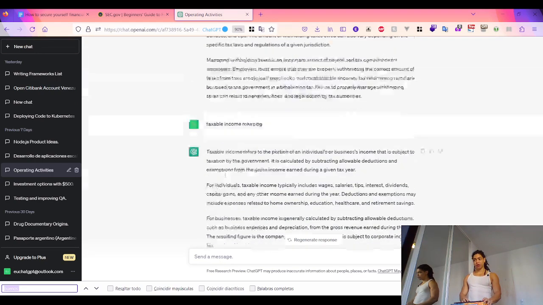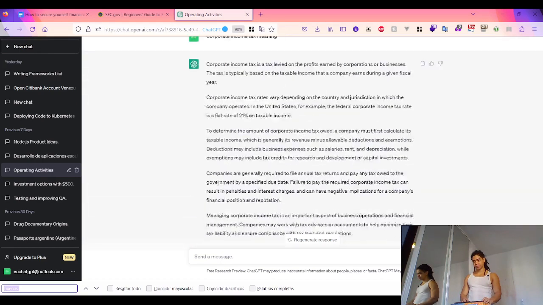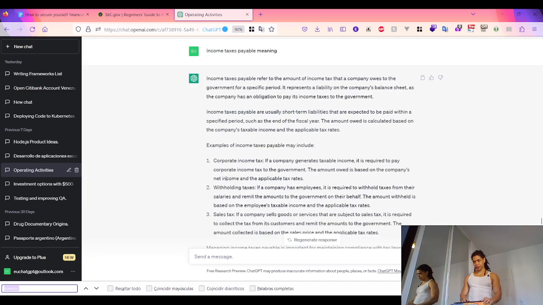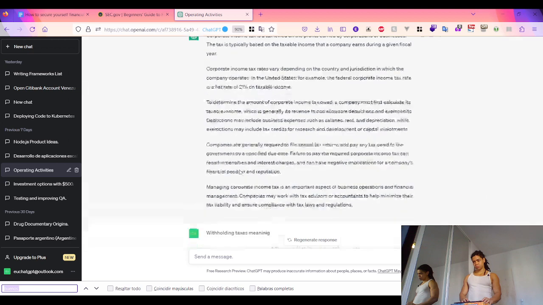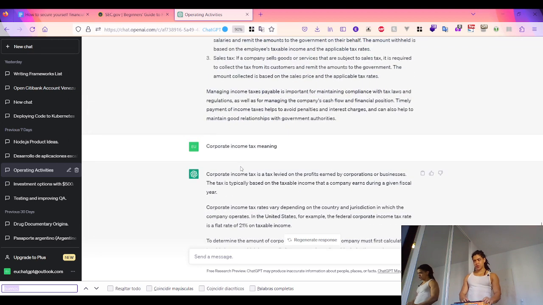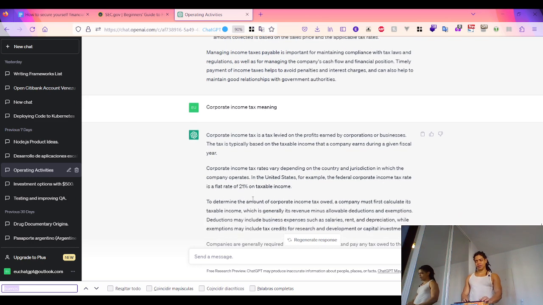Withholding taxes. So in the US, typically until 2021, it was a flat rate of 21% on taxable income.